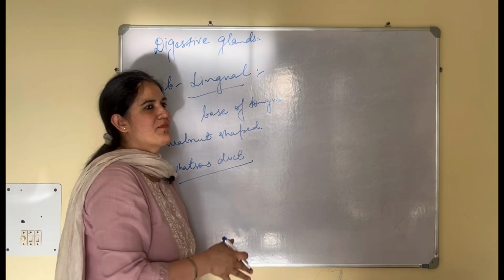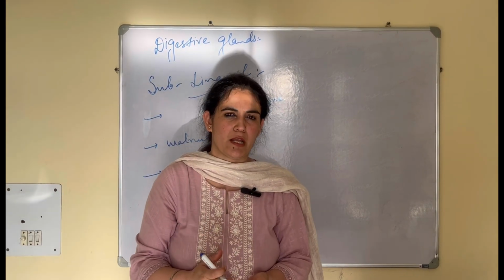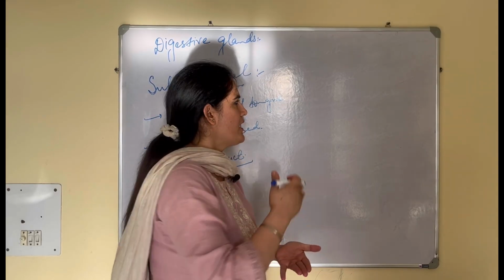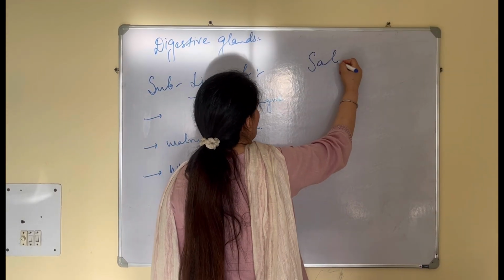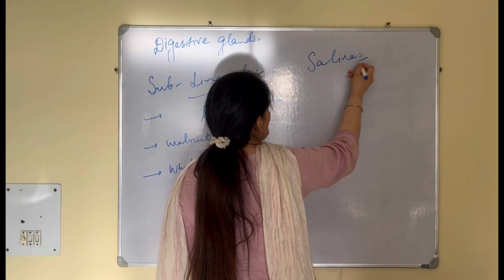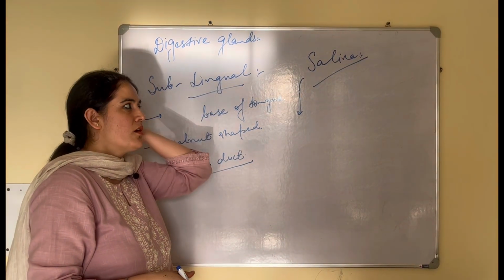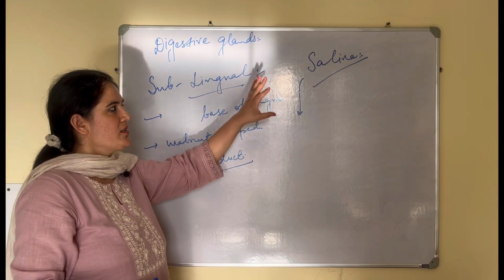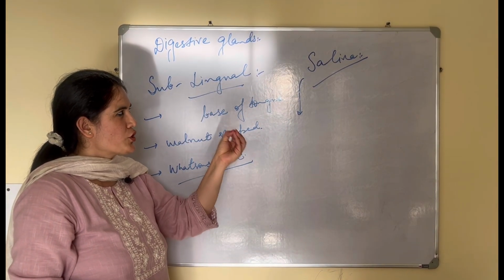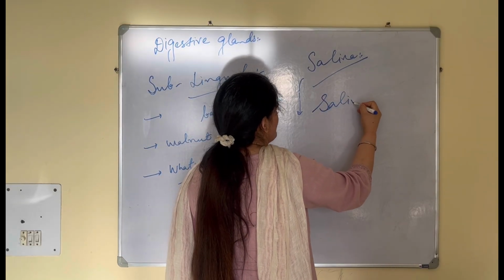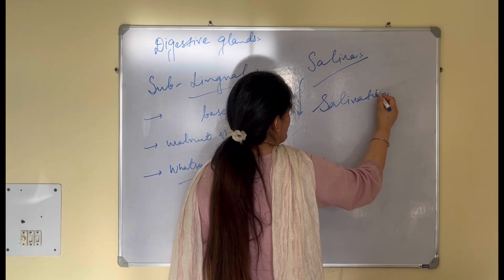So all of these, the sublingual, submandibular and parotid glands, release what? They release saliva. So what is saliva basically, and what does it contain? The secretion of saliva is known as salivation.